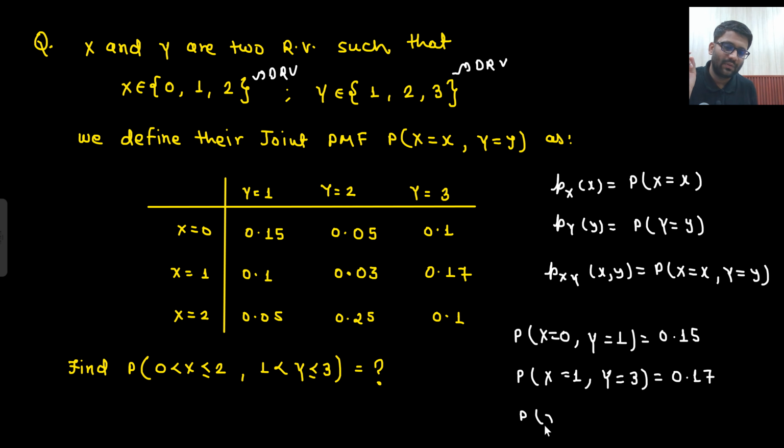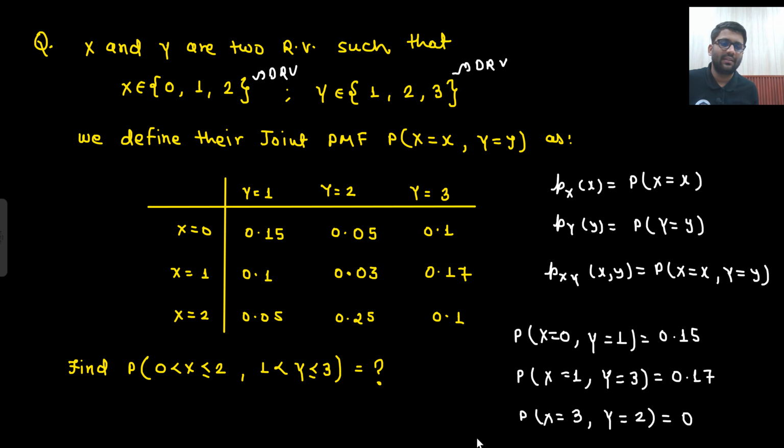What if I ask you the probability of random variable X taking value 3? Can X take value 3? No. So the answer is 0. Y can take the value 2, but comma means and. So X cannot take value 3, that means the answer is 0. Are you able to understand this point?